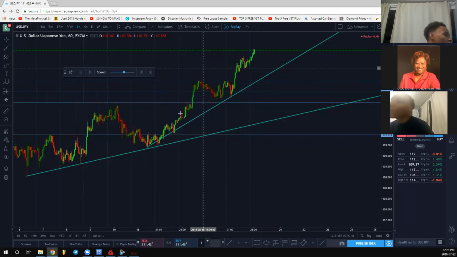You'll enter, and then you'll put a stop loss, probably about right here. As it moves up, you would wait for a big move like this, and then move your stop into your entry right here. You would continuously move your stop as it's going up until it retraced on you.